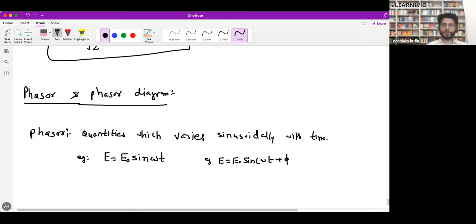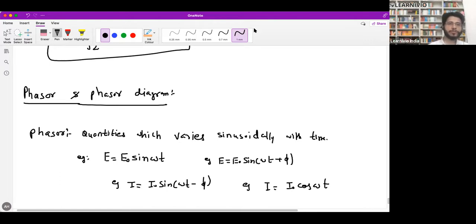This is also a phasor. Or you have current which is I naught sine omega t minus phi. All these are examples of phasors. Not just sine, you can even have cos in their equations, like I naught cos omega t. So phasors are those quantities which have either sine or cosine in their equations.